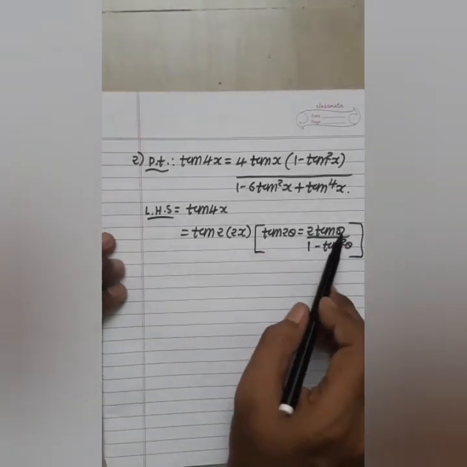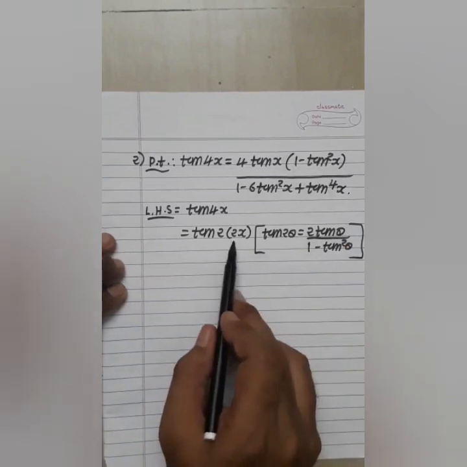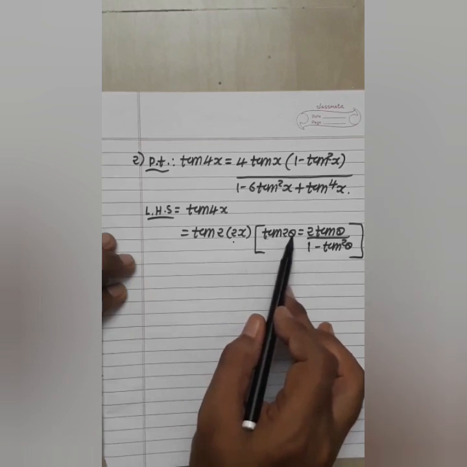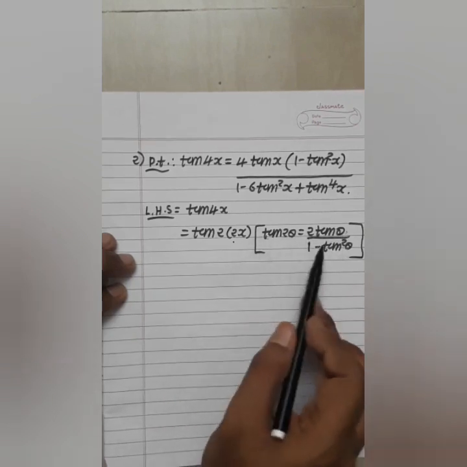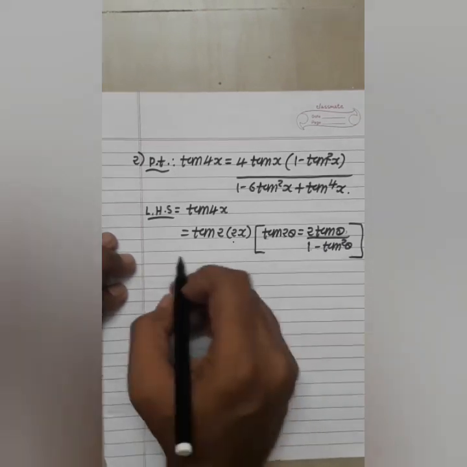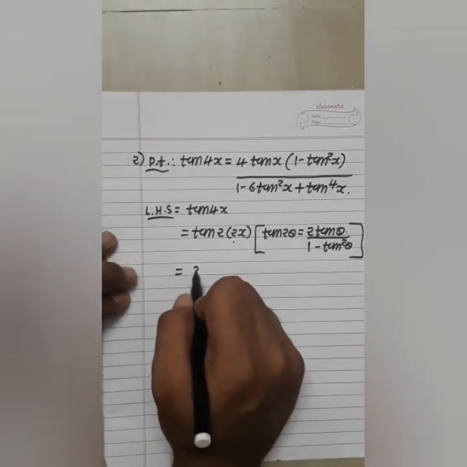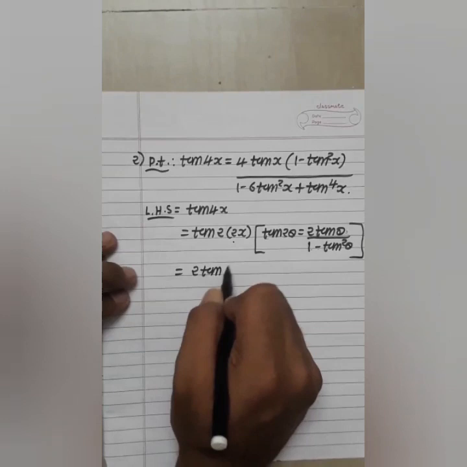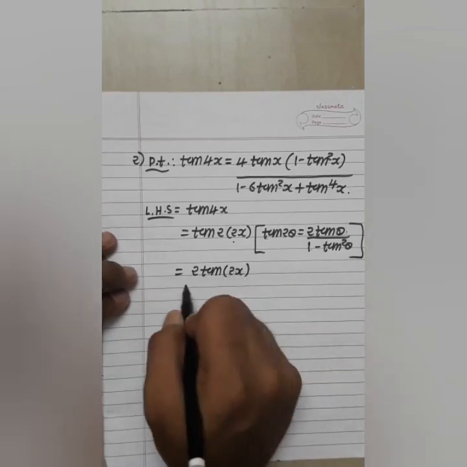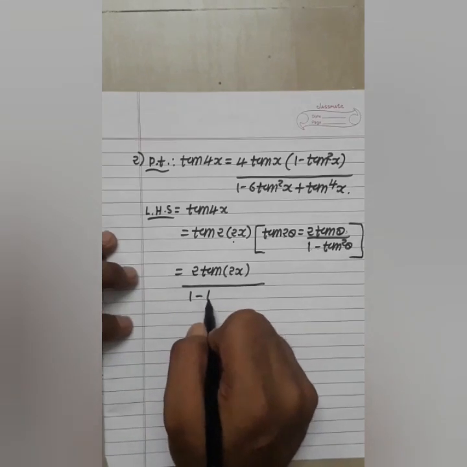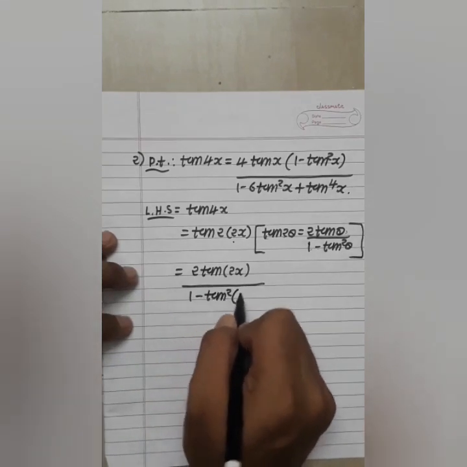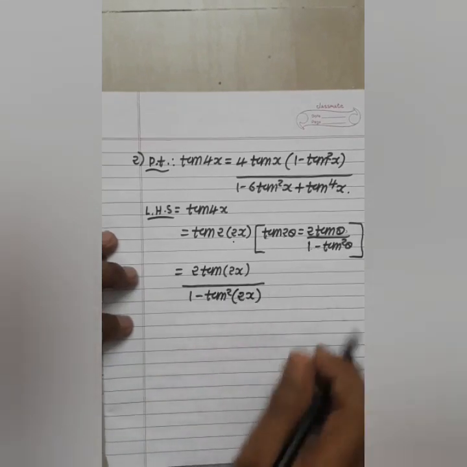So now here in place of theta consider 2x. So substitute the value: 2 times tan theta, in place of theta 2x, upon 1 minus tan square theta, in place of theta writing 2x.